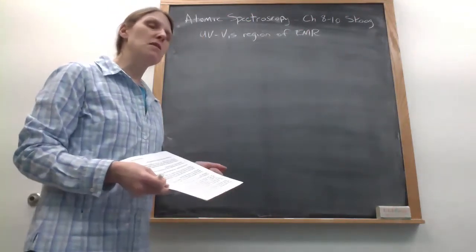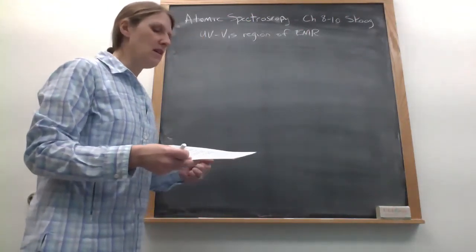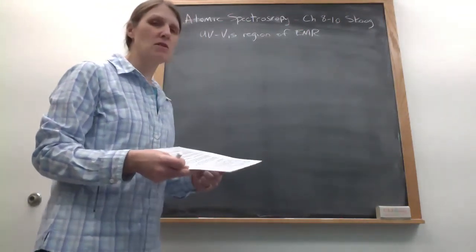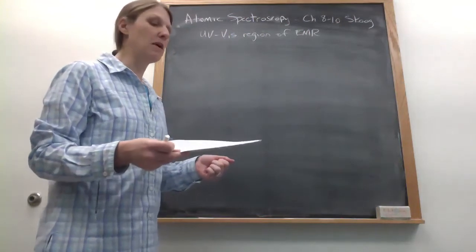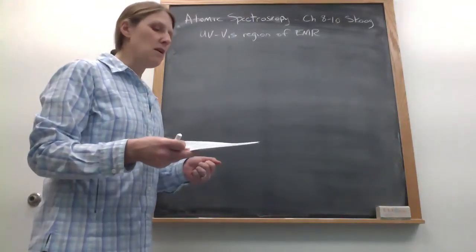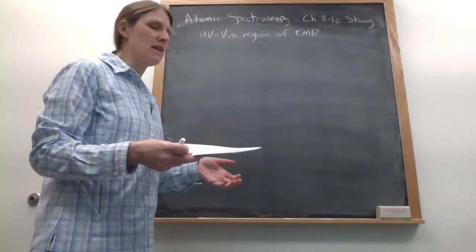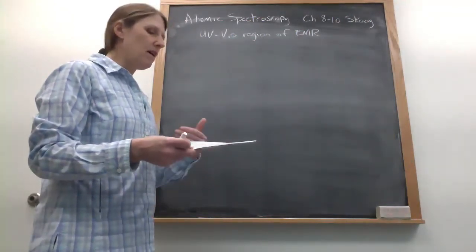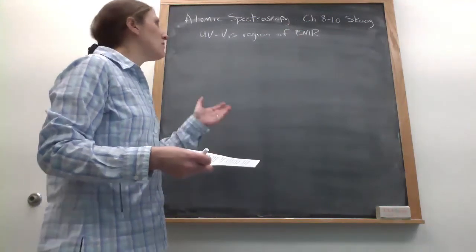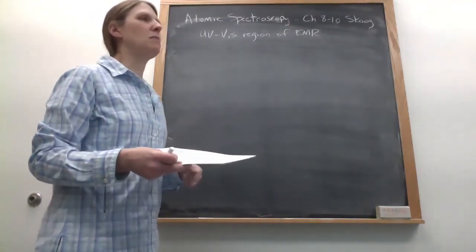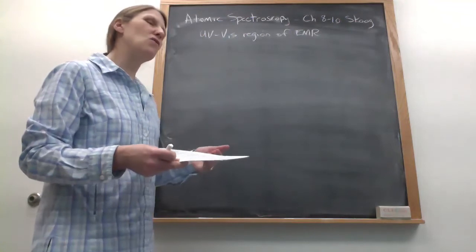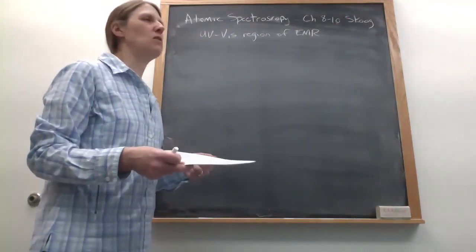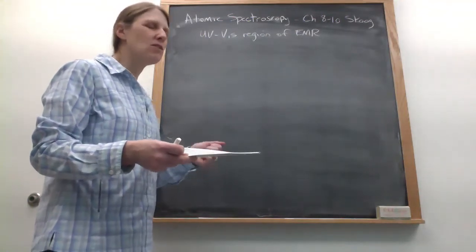Atomic spectroscopy is a very old technique. It's associated with emission spectroscopy. I'm sure several of you have seen bright or dark line spectra associated with atoms, and it's been recognized since the early 19th century. Again, the idea of bright line spectra gave us the indication of quantized energy associated with atomic energy levels.